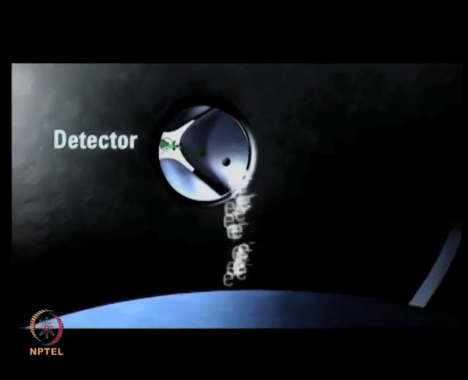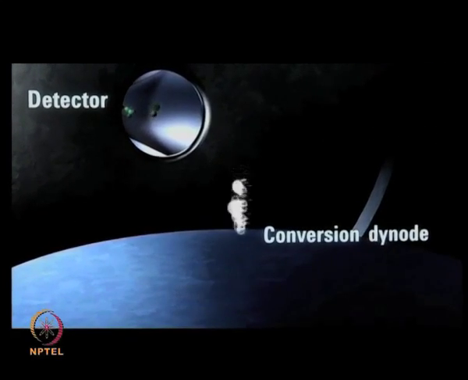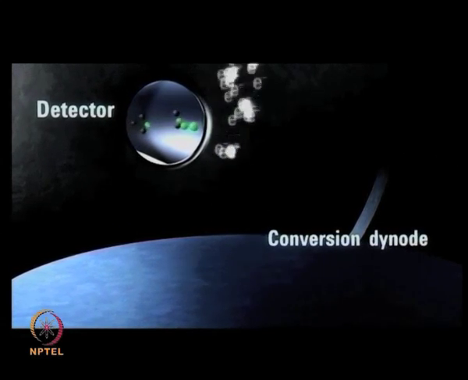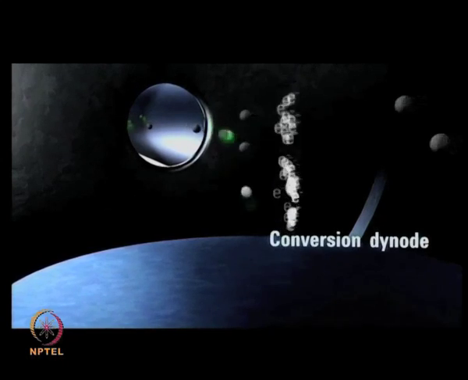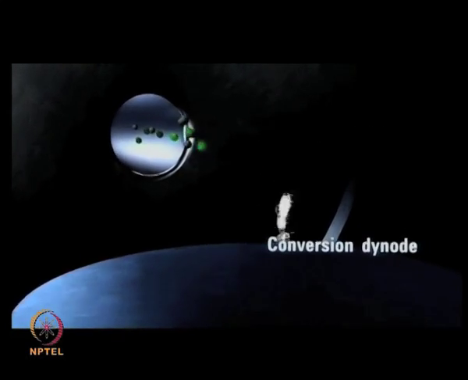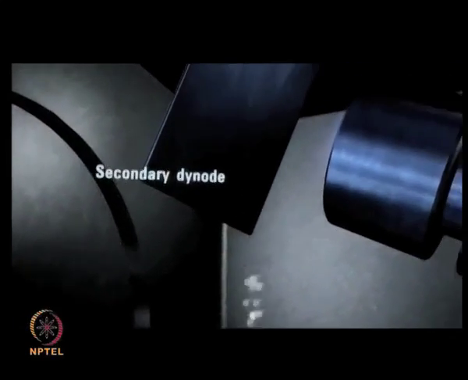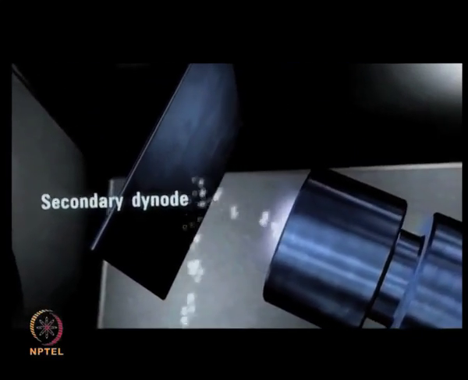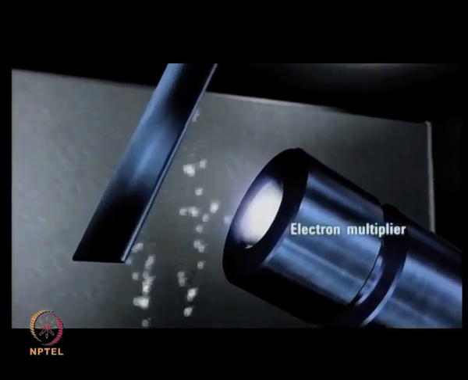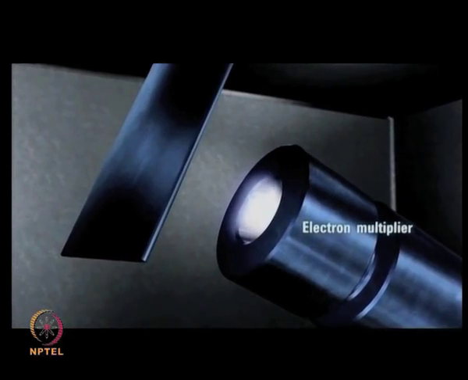In the detector, the conversion dynode operates at 10,000 volts to improve sensitivity. Because the conversion dynode is off the main axis of the ion path, neutral molecules miss the dynode, thus eliminating neutral noise. A secondary dynode helps extend the useful life of the electron multiplier. The electron multiplier has a long life, but it is also easily replaced.